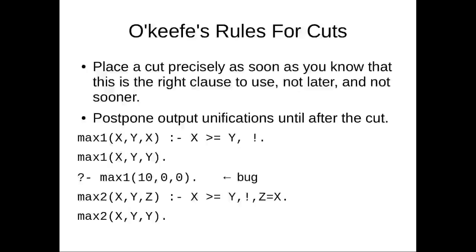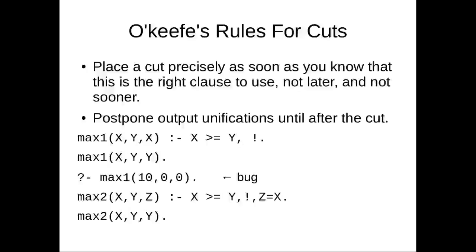Here, we don't want to enforce having the output be the same as our variable until we are certain we're going to actually get to the end without doing some cuts.